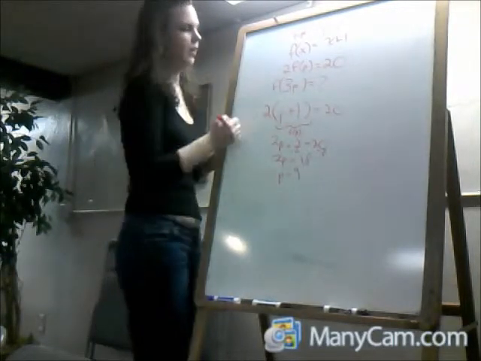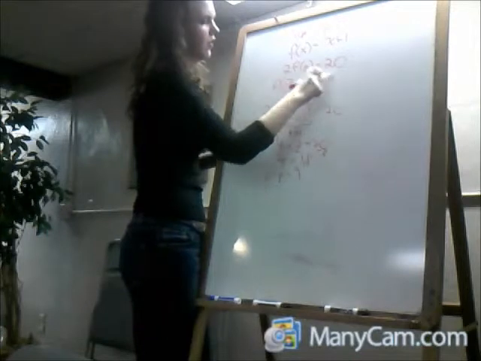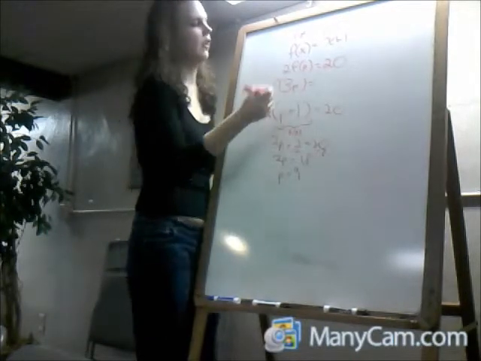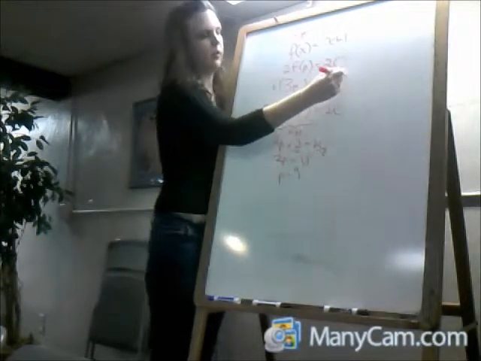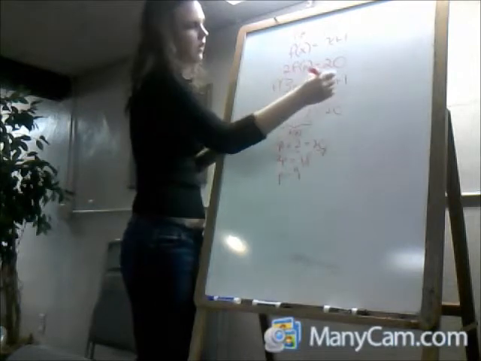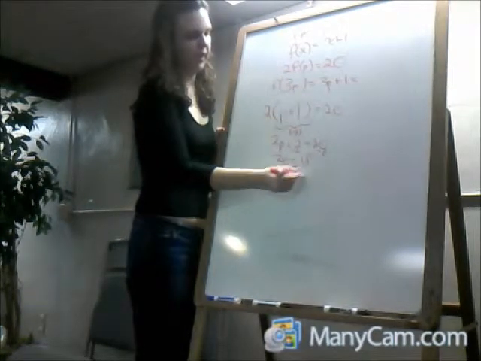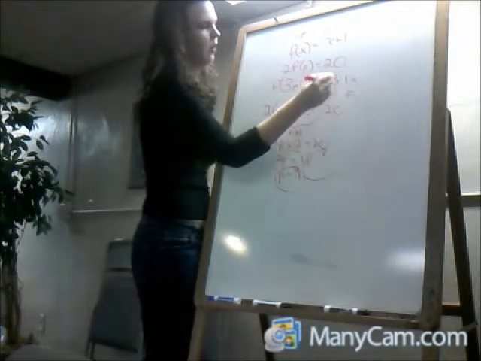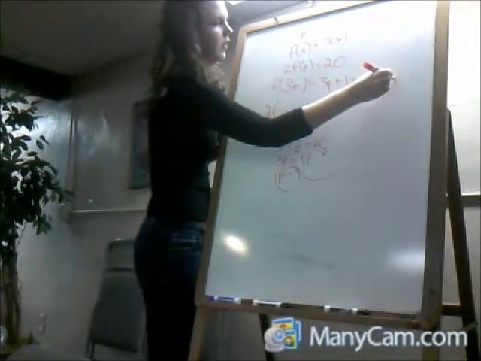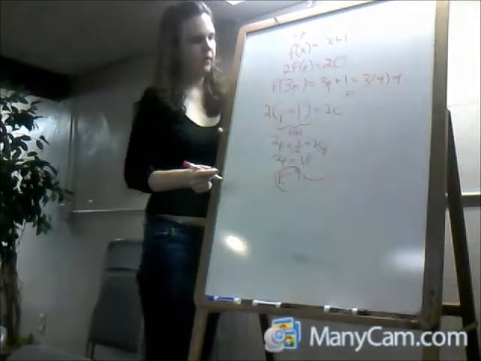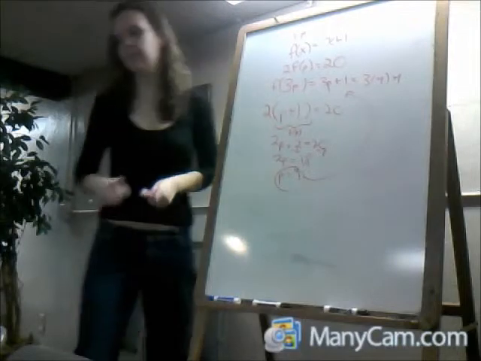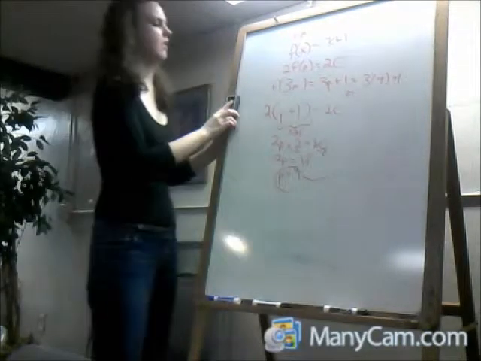So f of 3p is, again, we're just going to put 3p everywhere we see x, so we're going to do 3p plus 1. Using our value of p that we found, we're going to do 3 times 9 plus 1. And that will be 28, and that will be the answer.